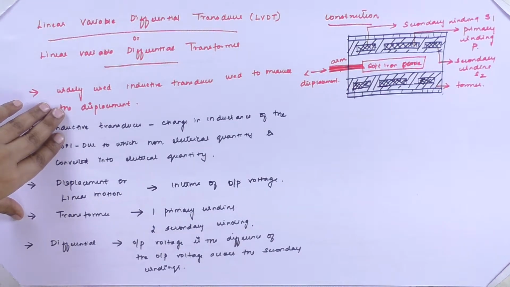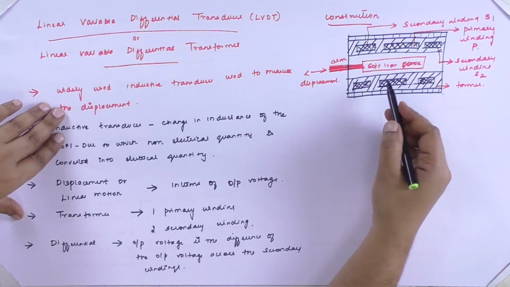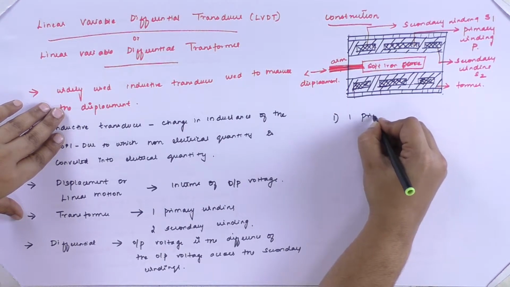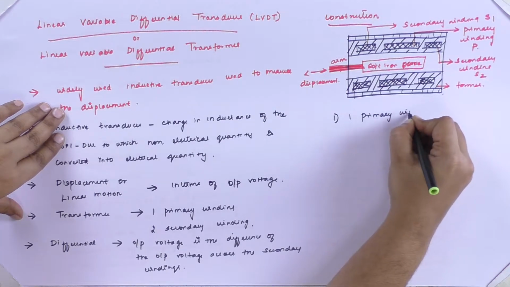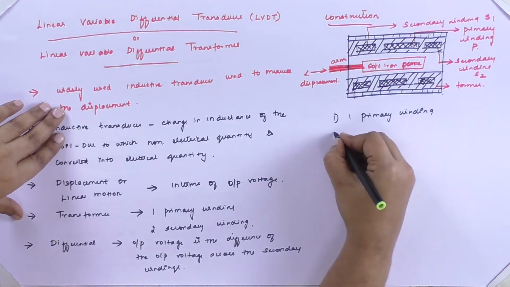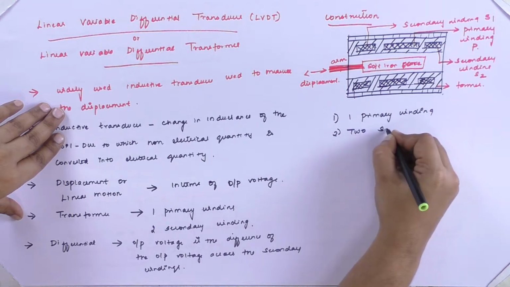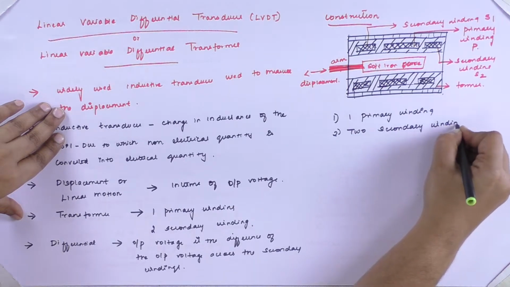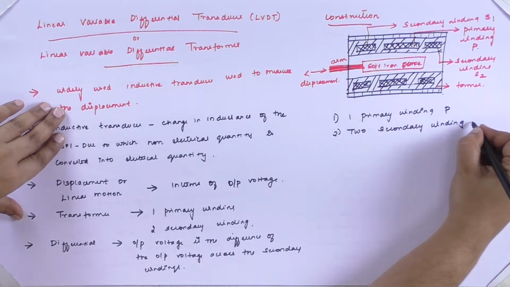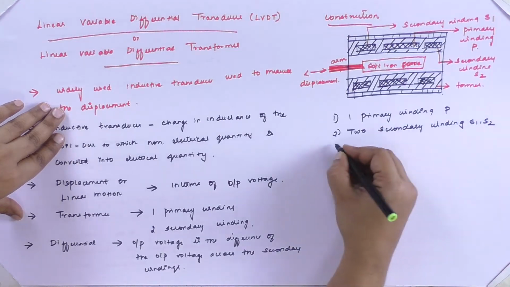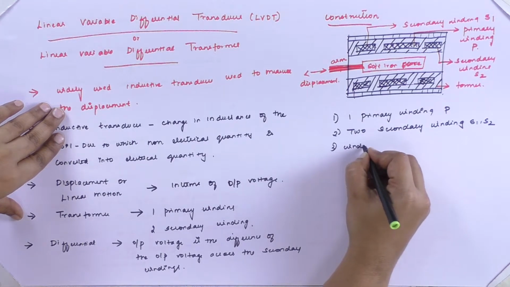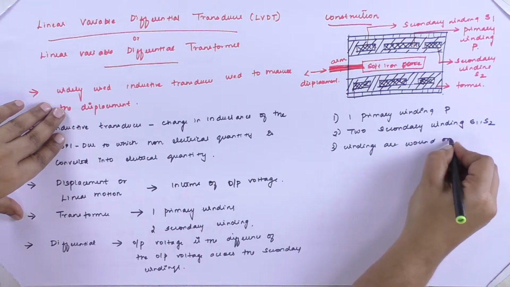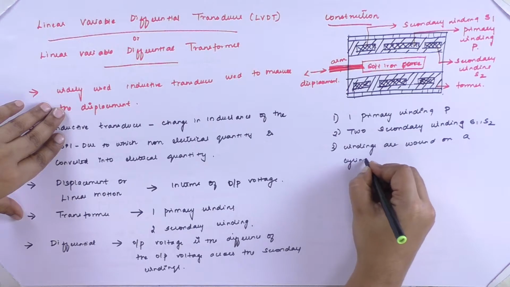So in the construction of LVDT, we have one primary winding P and two secondary windings S1 and S2, and these windings are wound on a cylindrical form.